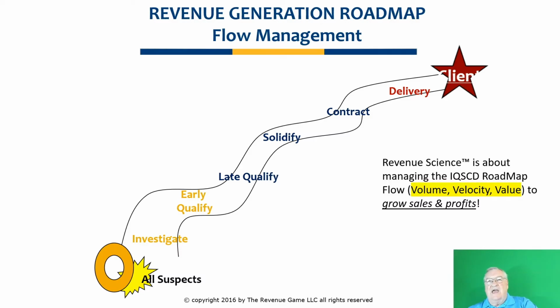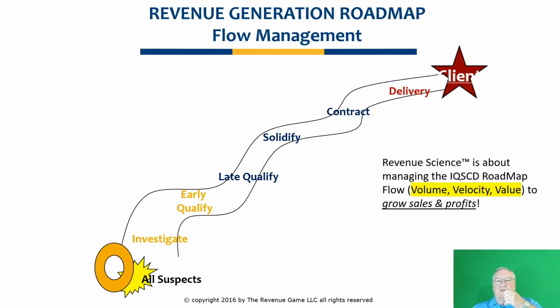So recognize the fact that sales is about signing contracts. Delivery is about executing delivery, and the revenue cannot be recognized until the delivery is accomplished and signed off by the buyer.